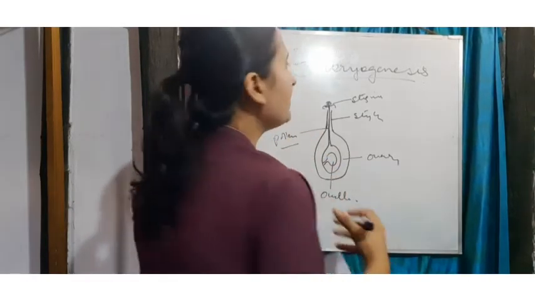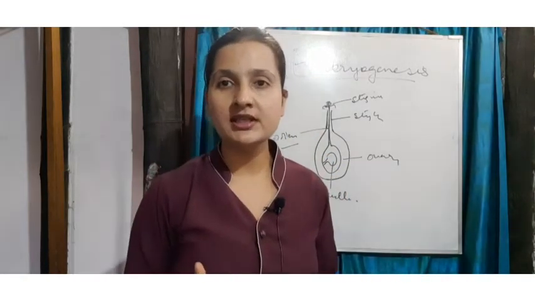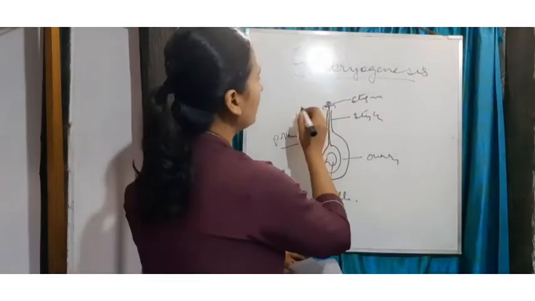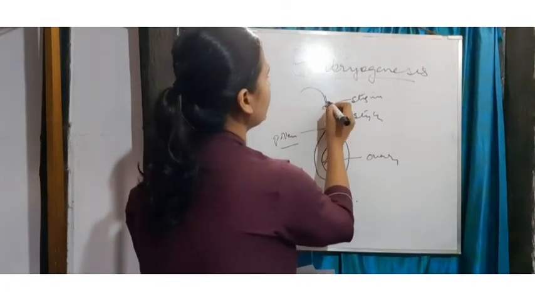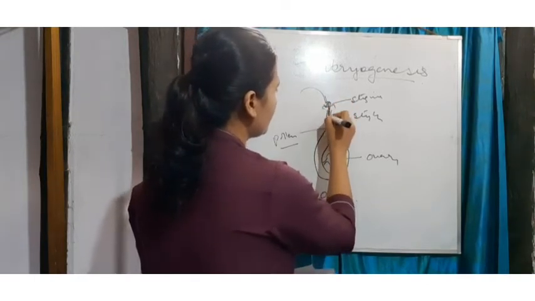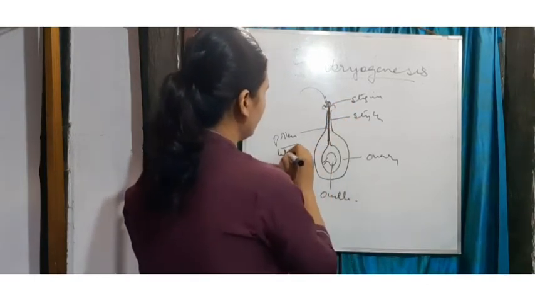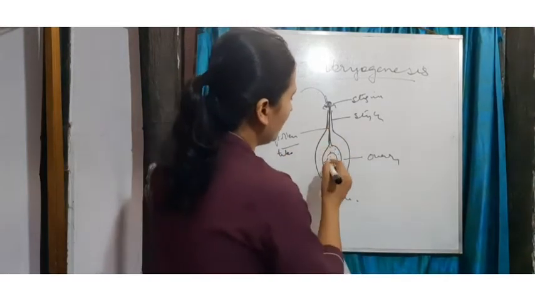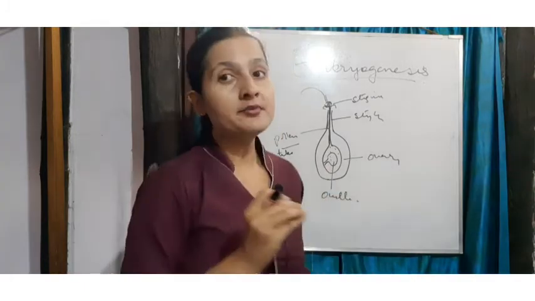What happens during pollination? We know that pollination is a process where pollen grains are transferred. When a pollen grain is transferred to the stigma, it goes through this pollen tube and reaches the ovule, where the eggs are present.